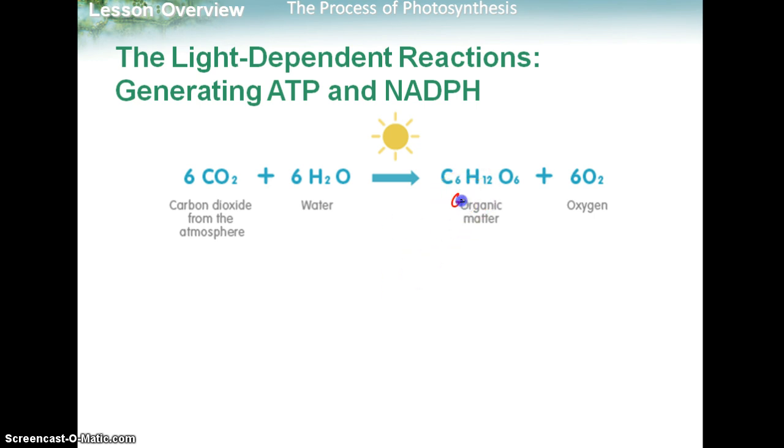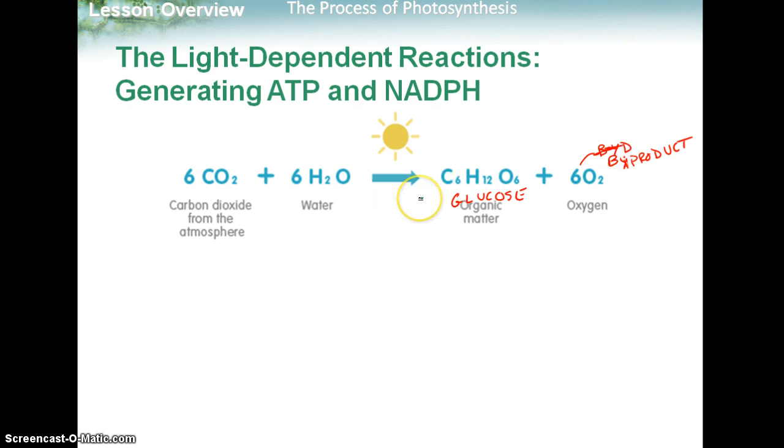This is glucose, or some sort of sugar, and 6 oxygen molecules, which is a byproduct. The plants are going to get rid of the oxygen.